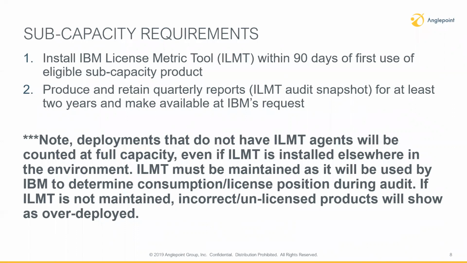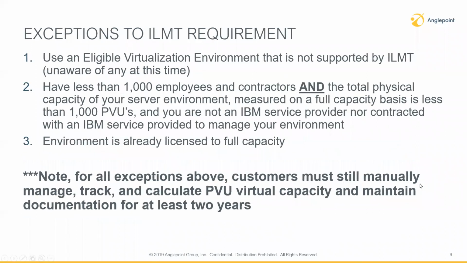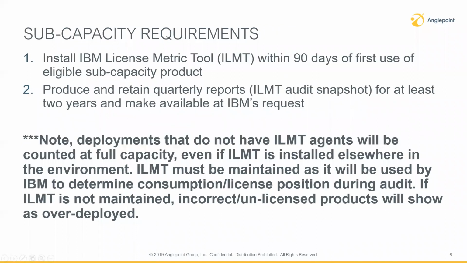So unless you maintain it and look at these default assignments made by ILMT and either A, confirm they're correct, B, exclude them from being counted, or C, reassign those components to the correct product they should be mapped to, you're going to have a number of incorrect, unlicensed products that show as over deployed.